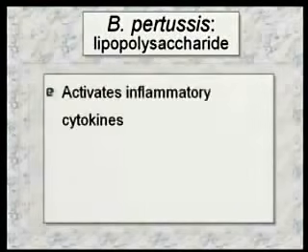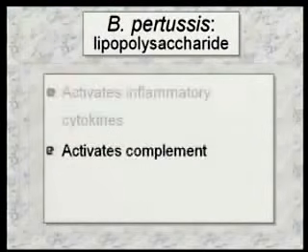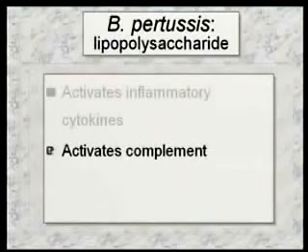Okay, lipopolysaccharide, I don't have to say much because you already know what lipopolysaccharide can do. Just briefly, it activates inflammatory cytokines that cause general inflammation, activates complement, and activation of complement will lead to some more inflammatory cell recruitment and inflammatory processes.